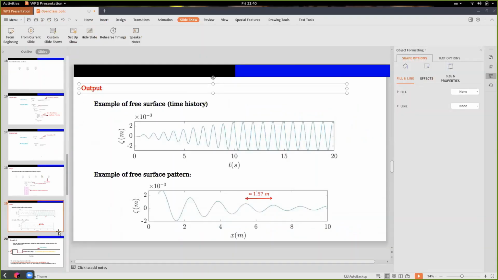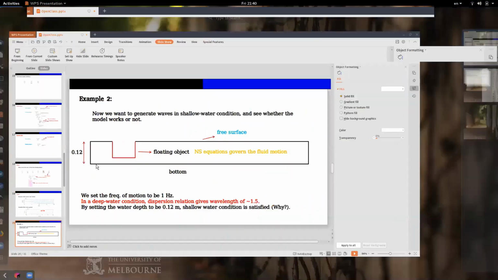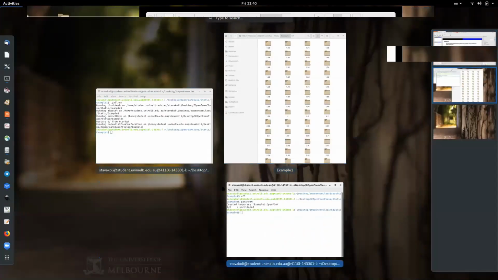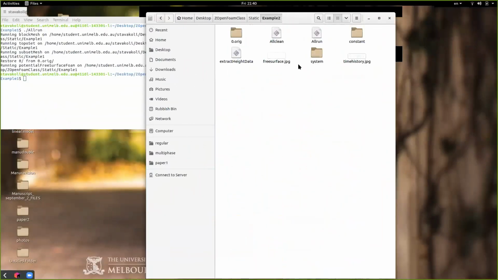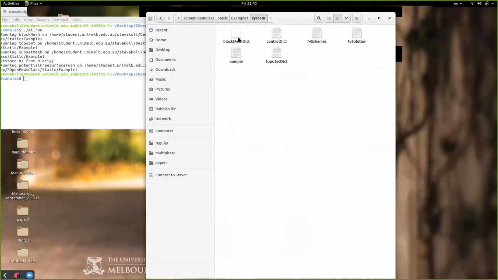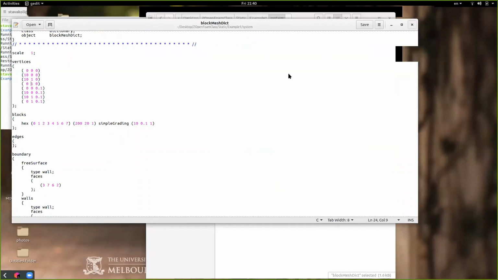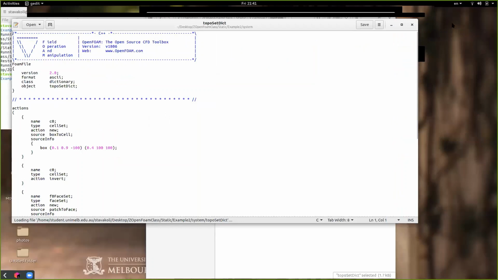Let's just make the problem a little bit different. Let's make it a shallow water condition. So in the previous problem, we set the water depth in the y direction to be something like 1 meter, but in the current problem, we set it to be something like 12 centimeter.